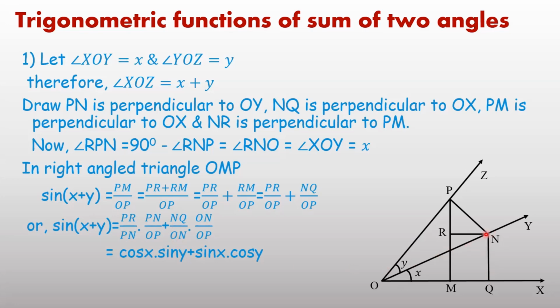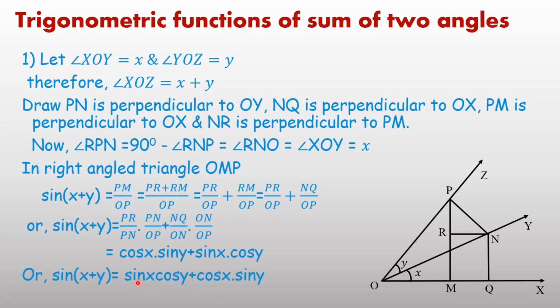NQ upon ON in this right angle triangle OQN is equal to sin X into ON upon OP. ON upon OP, base upon hypotenuse, is cos Y.